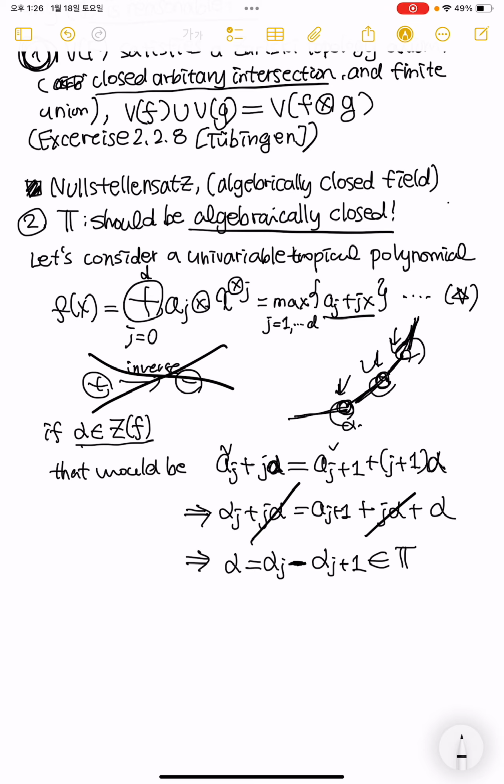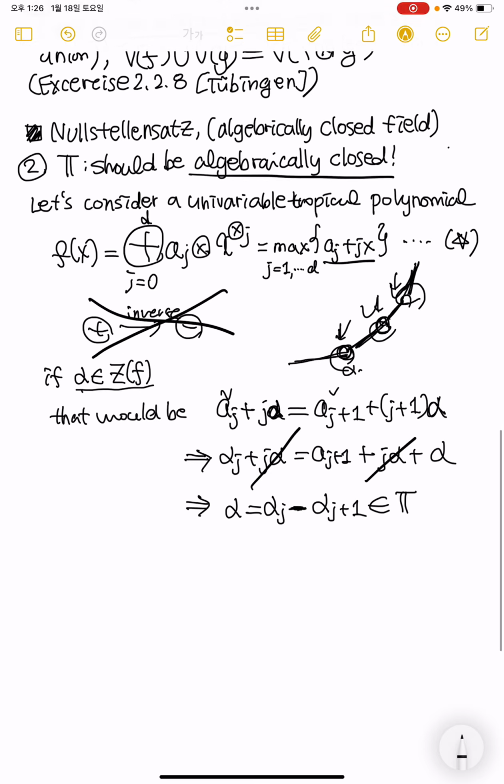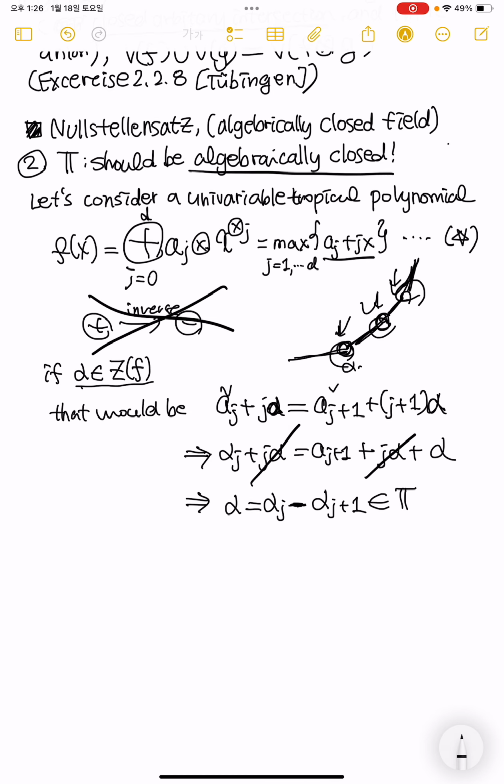Okay, so in this relation, we can estimate, guess that that is closed under the tropical system.